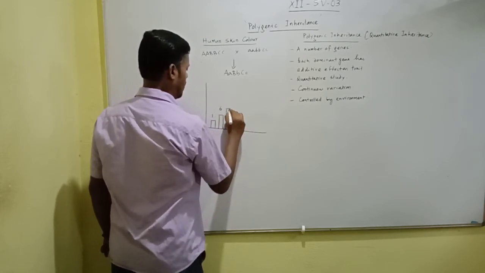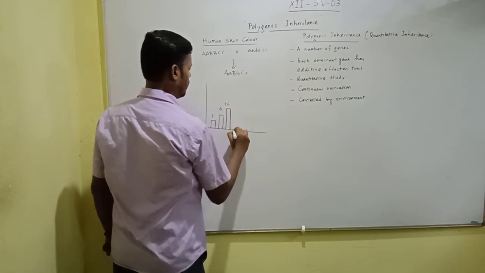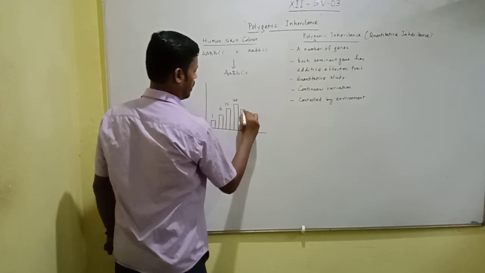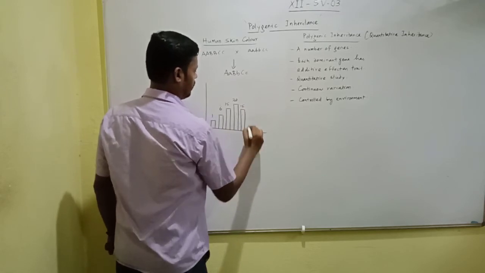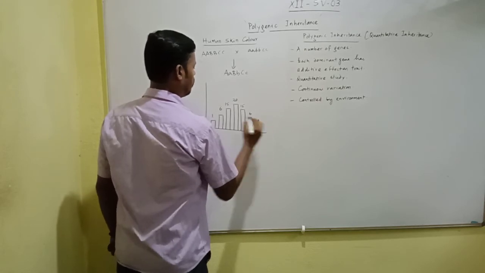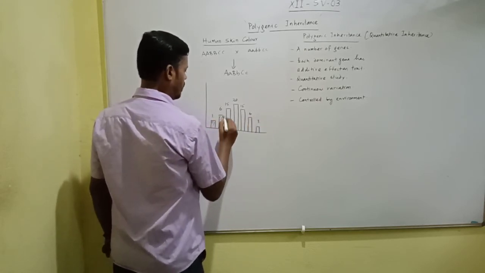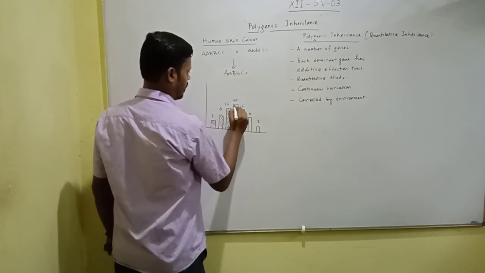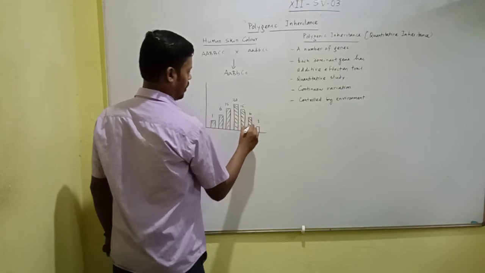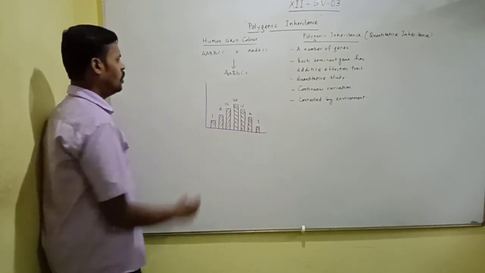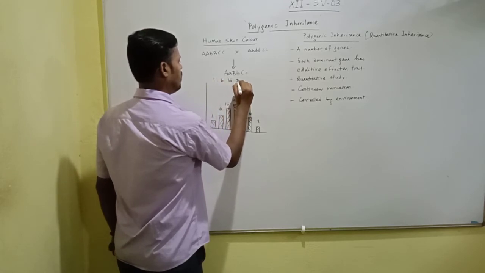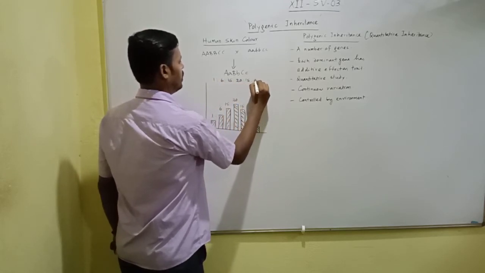1 is to 6 is to 15 is to 20 is to 15 is to 6 is to 1.